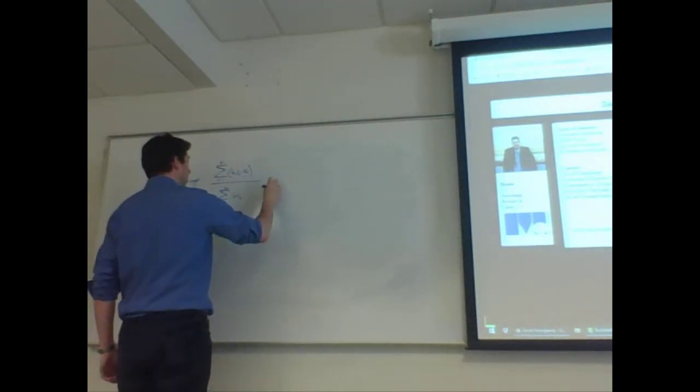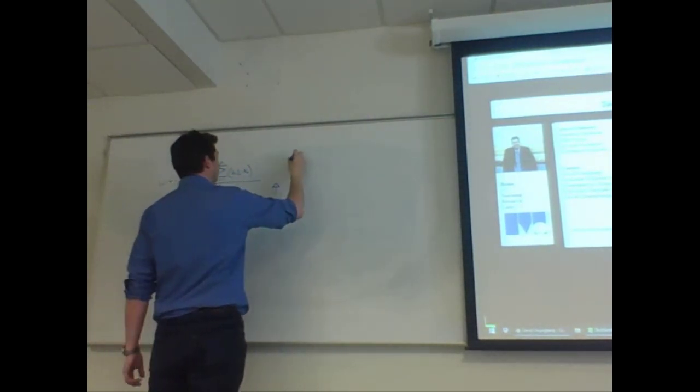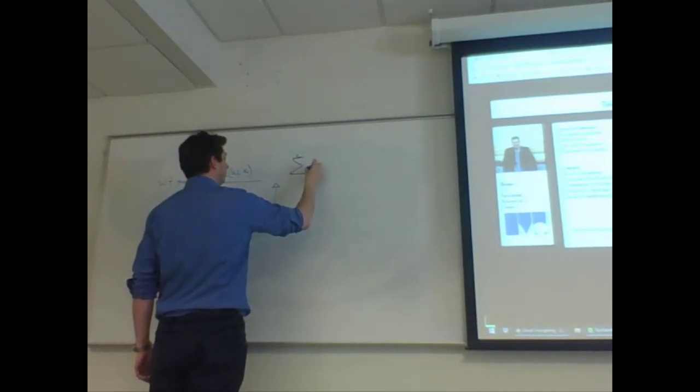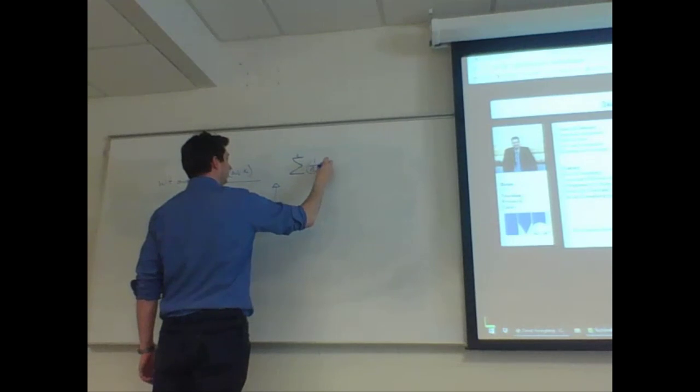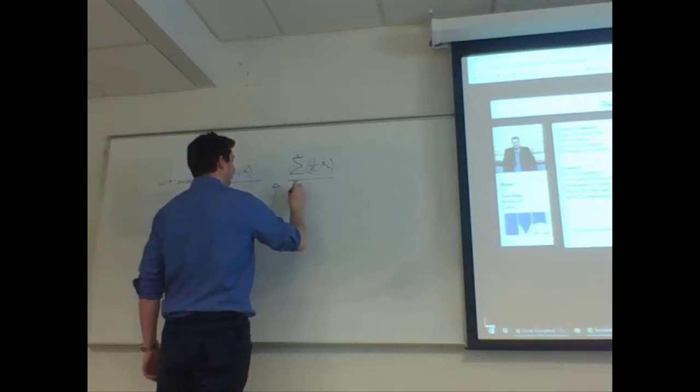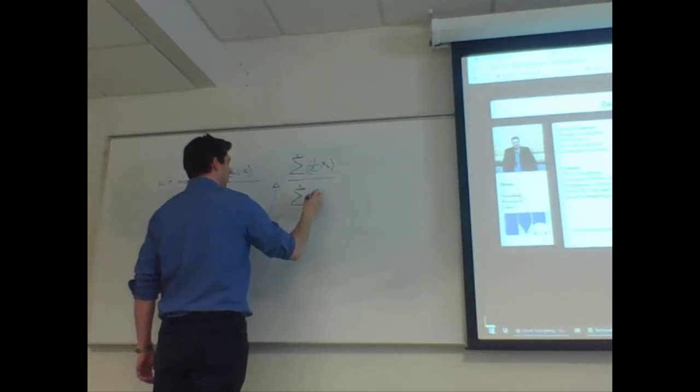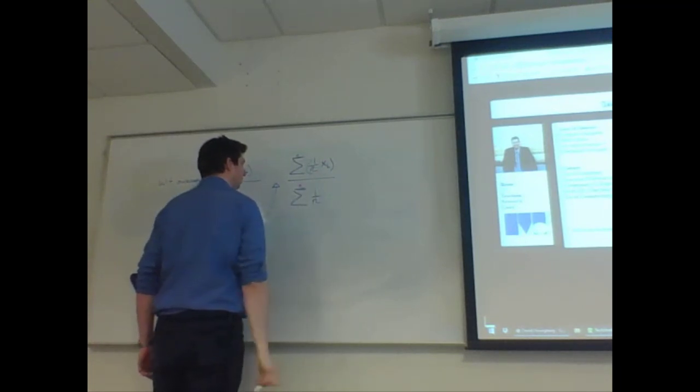So we can do some substitution. We're going to do this, all the way up to n, 1 over n, divided by the summation, all the way up to n, of 1 over n.